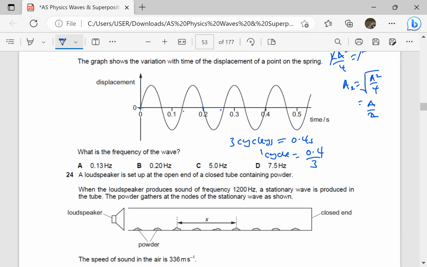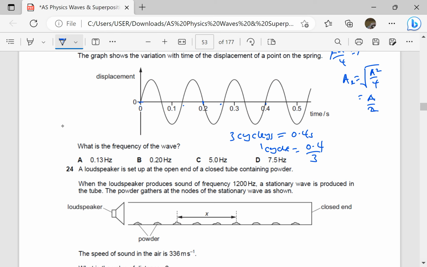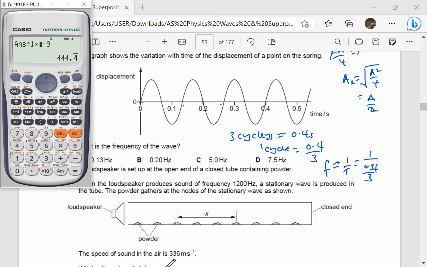So we can find the frequency. Frequency is going to be equal to 1 over the period, which is going to be 1 divided by 0.4 over 3. So 1 divided by 0.4 divided by 3.